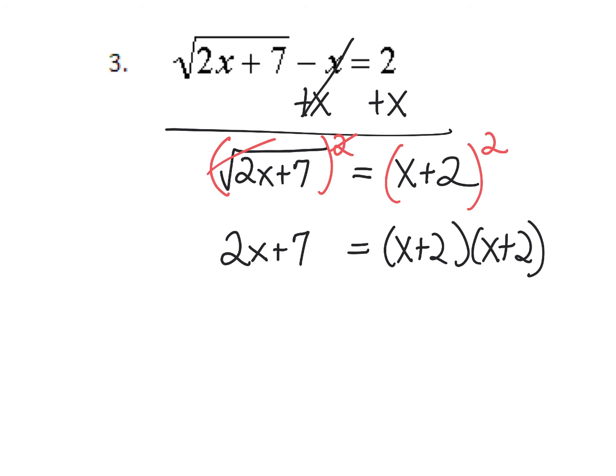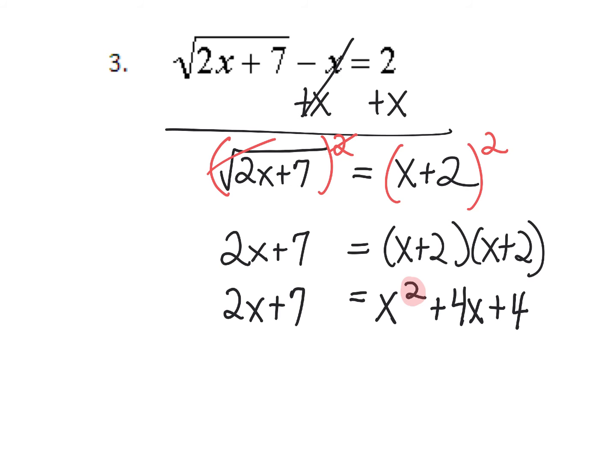So I'm now going to go ahead and FOIL that right side. X times x is x squared. Outers is 2x, inners is 2x. If I put those together, I get 4x. 2 times 2 is 4. And what I'm noticing right now is I have a quadratic equation. I know I have a quadratic equation because of that 2 exponent. So I have to go back into my memory to chapter 2 to figure out how to solve that.